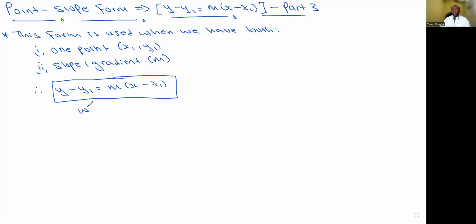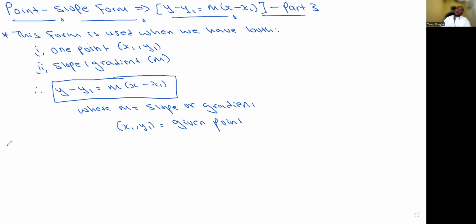Where m is equal to the slope or gradient, and x1 and y1 is the given point. So you only use this where you have one point and the slope or gradient is given.